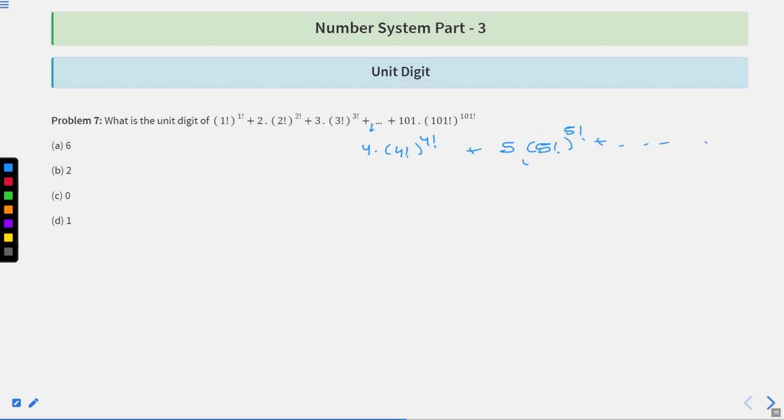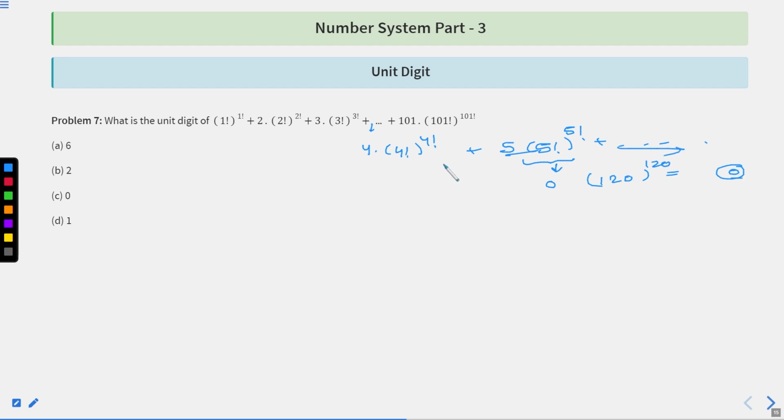So this will have 0 at its unit place because 5 factorial is equal to 120, and 120 to the power anything will have 0 at the unit place. If I multiply 5 to that, in that case also you will have 0 at the unit place. Same thing goes for all the numbers.